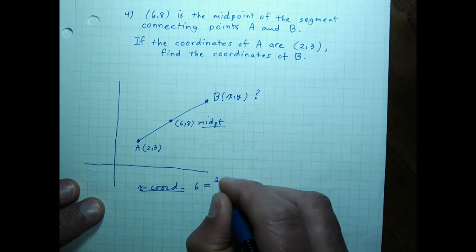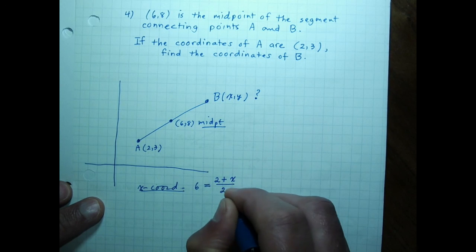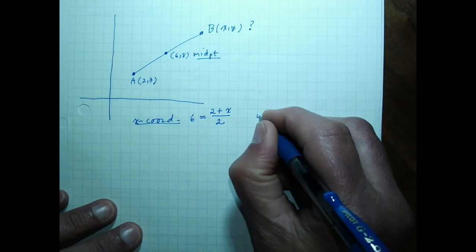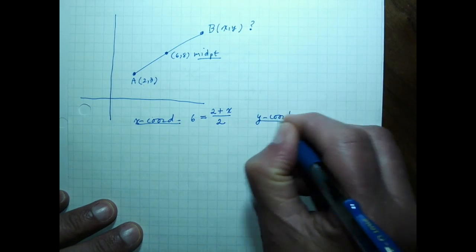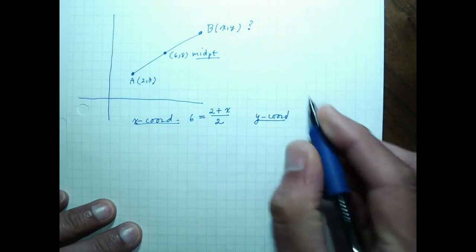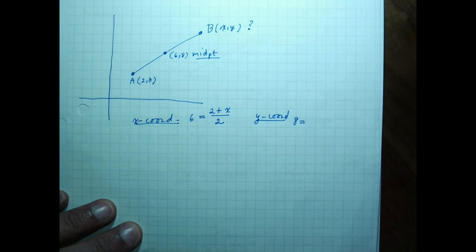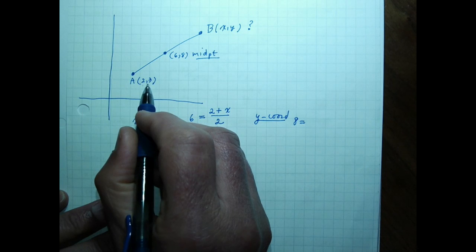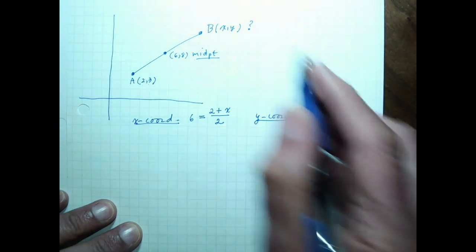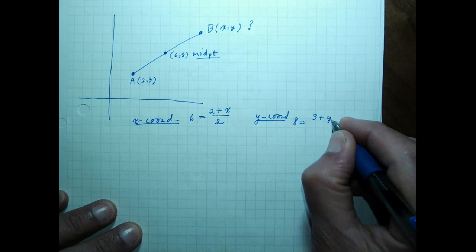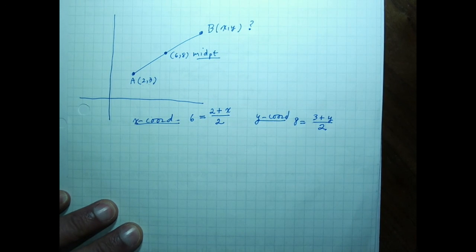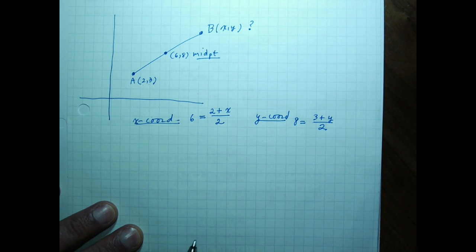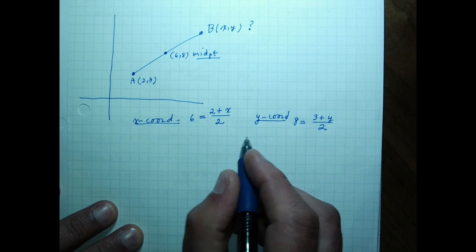That's going to be (2 plus x) divided by 2. The y-coordinate of the midpoint is 8, we know it's 8, and that's going to be the average of the y-coordinates of the endpoints, (3 plus y) divided by 2. So we're working backwards from the midpoint and one of the given points to get the point at the other end.